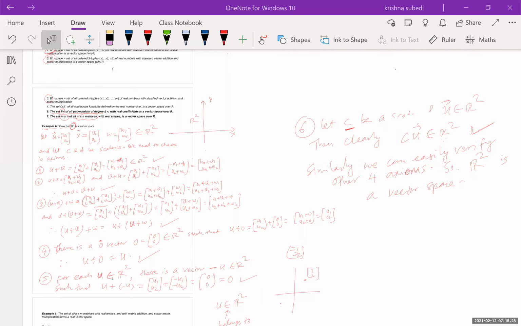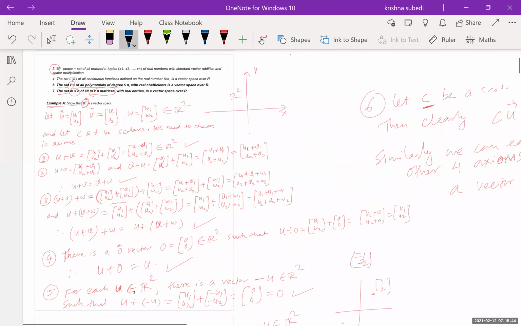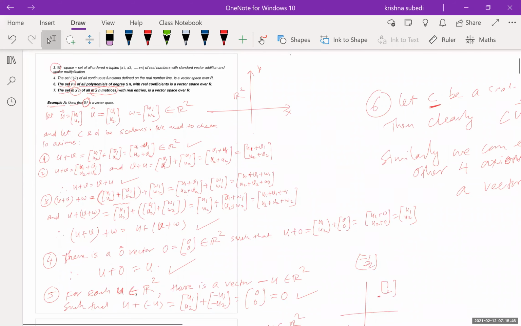But every time checking those 10 conditions is too much work, okay? It's not fun. So what we want to do now is that we want to try to make it short and easy to work with, okay?